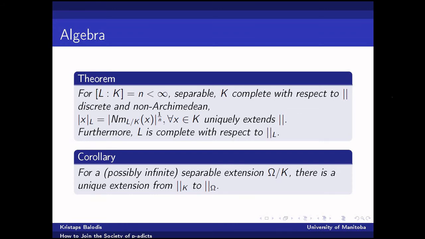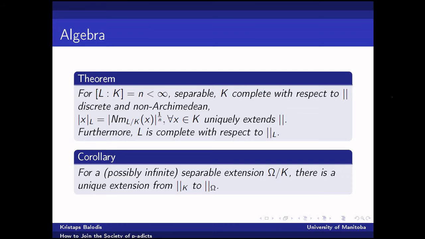And as a corollary, suppose we had a possibly infinite separable extension. Well, then we actually get a unique extension in this case as well. Simply think about every finite subextension. By this theorem, there's really only one way to extend, and so that's basically the obvious choice for the infinite extension. Then all you need to do is pick whatever finite extension a given element lies in, and take this as the evaluation.